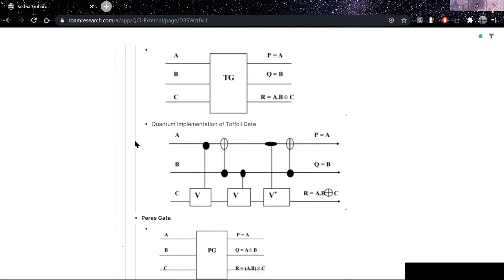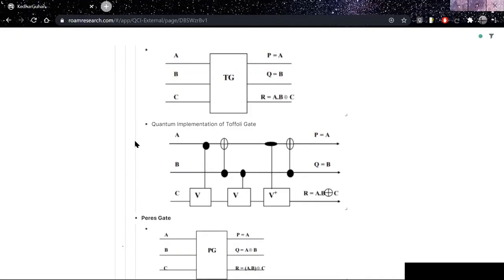I know I'm talking in a very digital sense here, but mathematically, when you write it down, whenever the superposition part is 0, you do not apply the V gate, and whenever the superposition part is 1 with whatever probability, then the V gate is applied. So the probability is carried forward in that manner. Just to understand this, we can see it in a very digital sense.